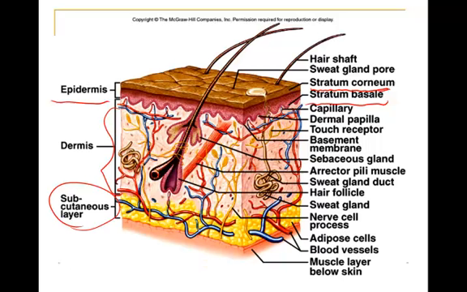The cells at the bottom here have the best blood supply. And as the cells divide and push upward, remember when we talked about various types of epithelial cells? As the cells move upward, they get further away from their blood supply, they're less nourished, and eventually they will begin to die off.